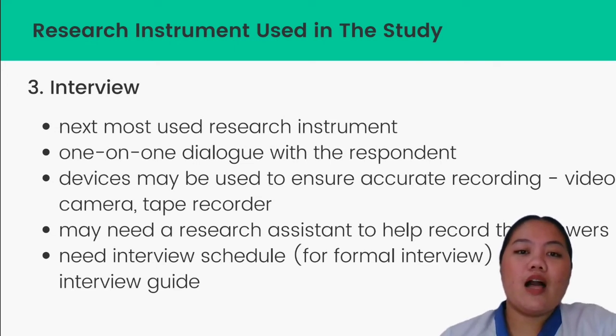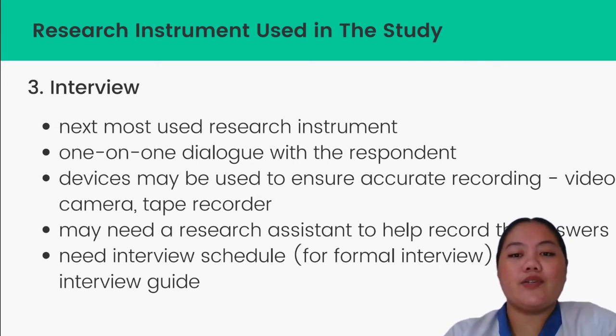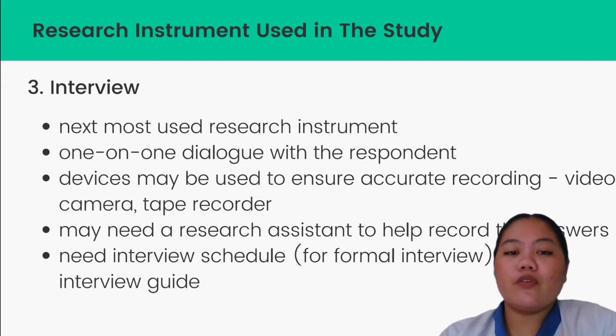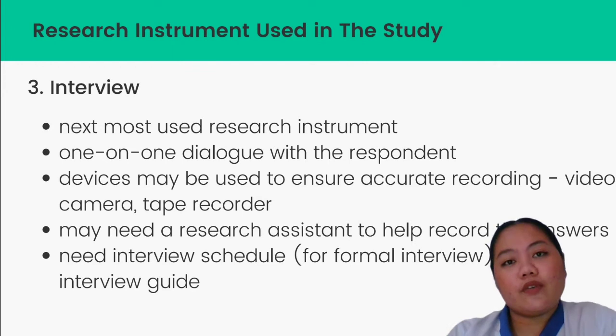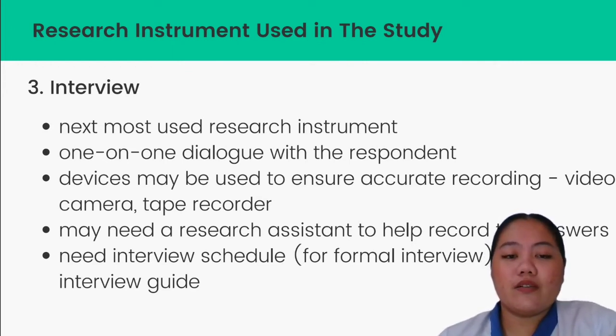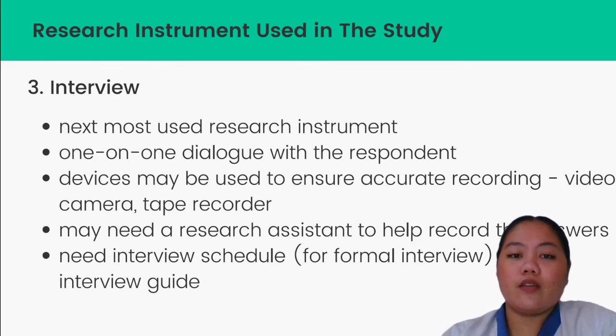Because it helps you explain, better understand, and explore research subjects, opinions, behavior, experiences, and phenomena. Interview questions are usually open-ended so that in-depth information will be collected. In a one-on-one dialogue with the respondents, in a face-to-face interview, it is possible to record more than the verbal responses of the interviewee.